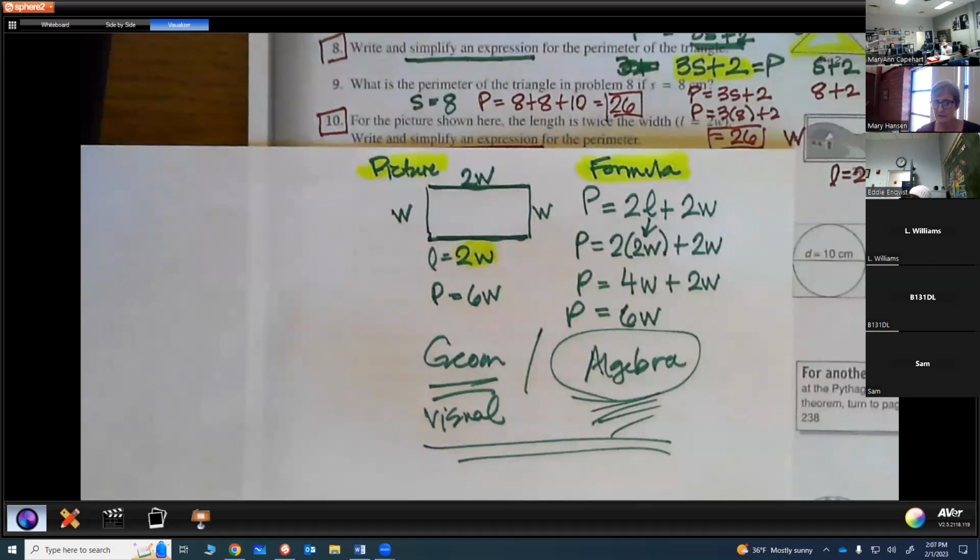Which screen do you guys like? Bigger or this one? I like them both. That doesn't help me. I have them both up. This looks clear, but this is bigger. Which one do you like? Anybody? Come on, opinions. All right, break till 2:15. Fill out your sign-in sheet if you haven't yet.